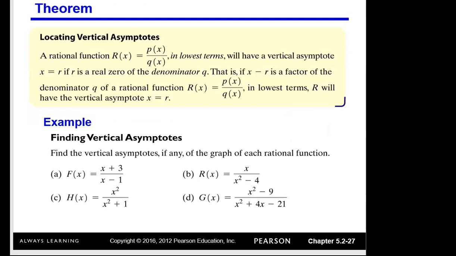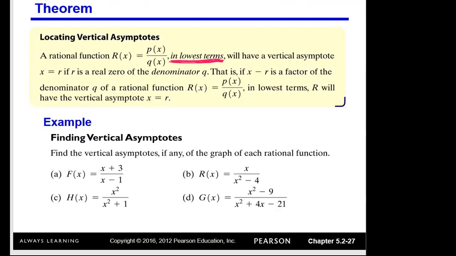So, a rational function, r of x, is equal to p of x over q of x. And the important thing is, it has to be in lowest terms, meaning reduced down.